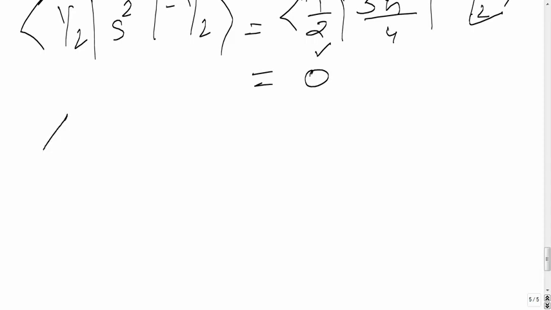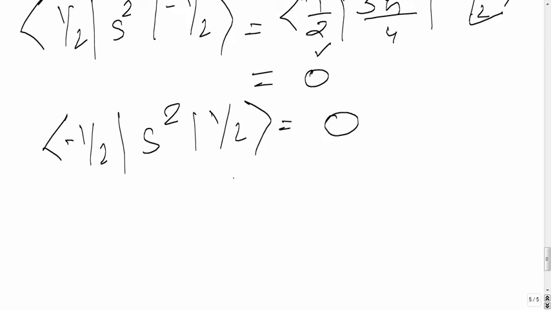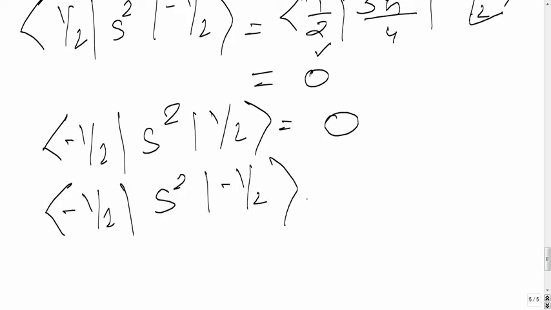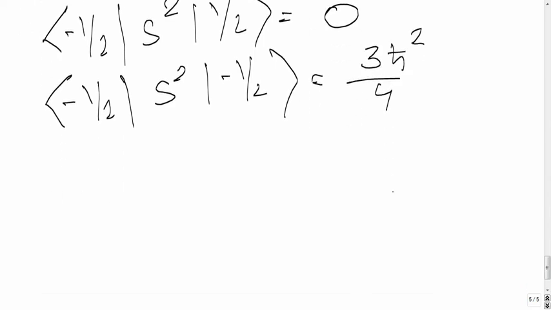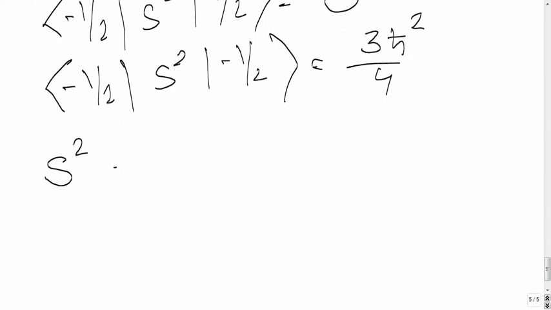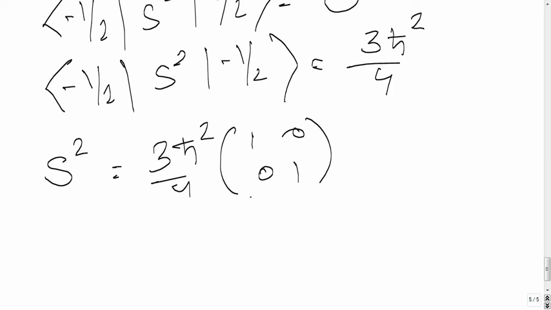Therefore this element is 0, and this element would also be 0 for the same reason, and this element would again give us h bar squared times 3 by 4. The matrix for S squared is given by 3 h bar squared by 4 times 1 0 0 1, that is, this is an identity operator.